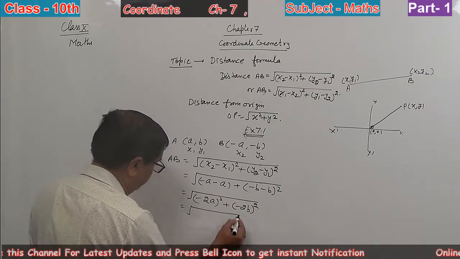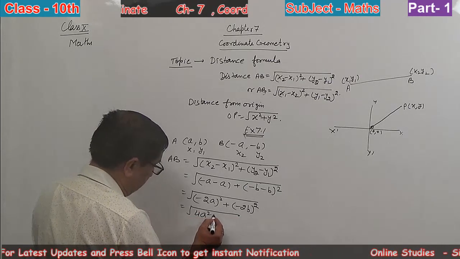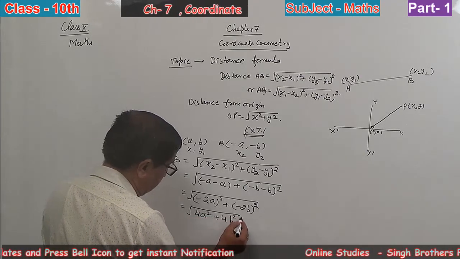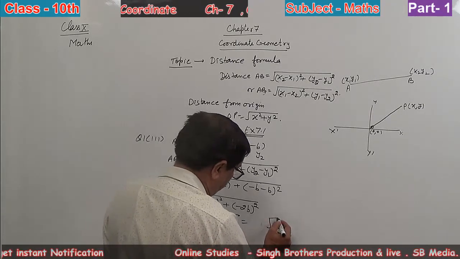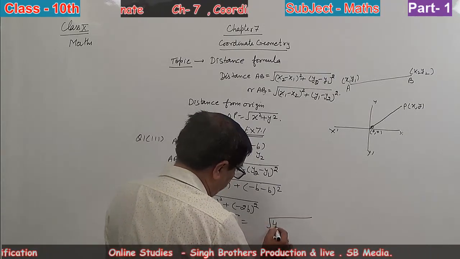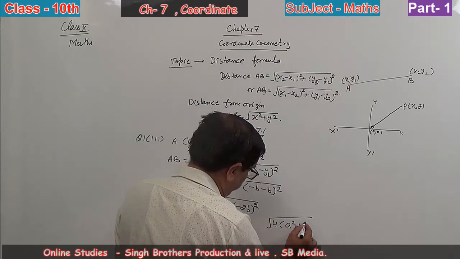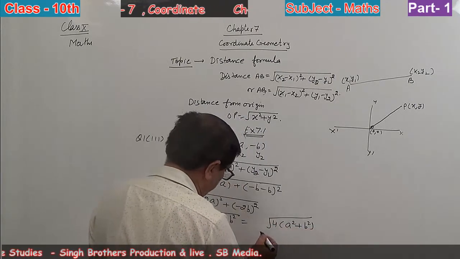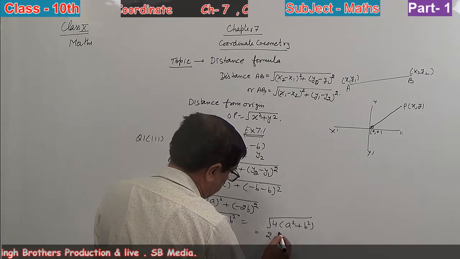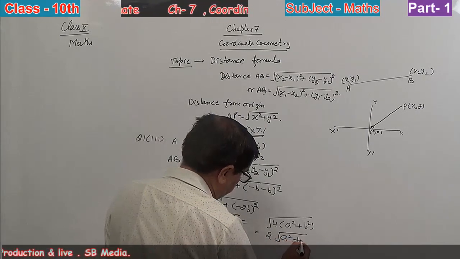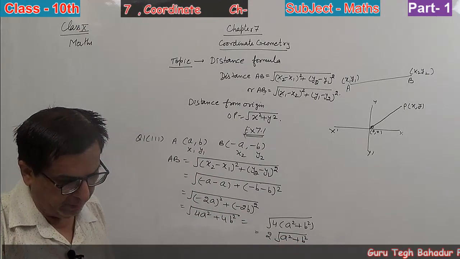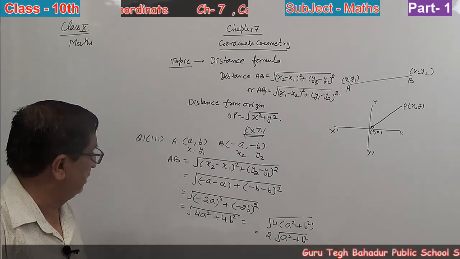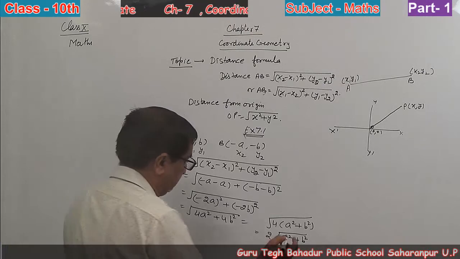So it is 4a square plus 4b square. Taking 4 common, a square plus b square, and the square root of 4 is 2, so the answer is 2 root a square plus b square. So this is the third part of question first.